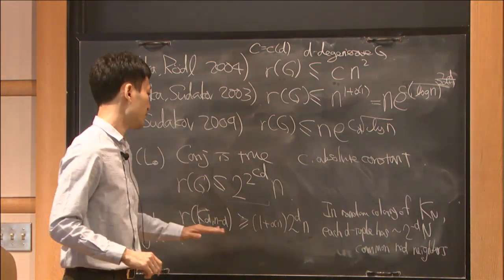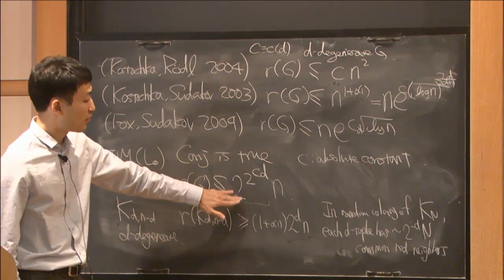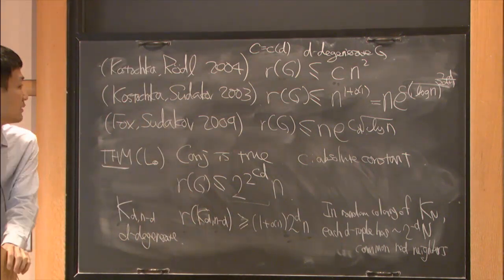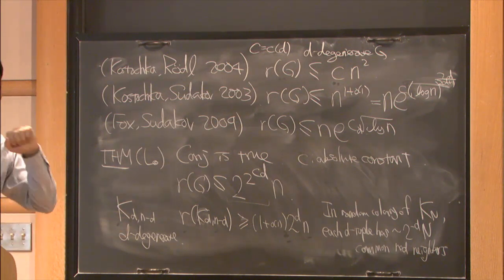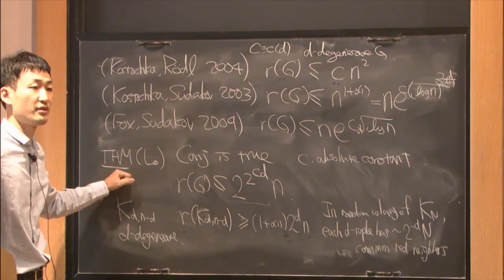If you analyze it, you just get this bound. So we know that the constant is somewhere between single exponential and double exponential. And that's what I want to talk about today. The remaining part is to show you a proof of the toy case of this theorem.